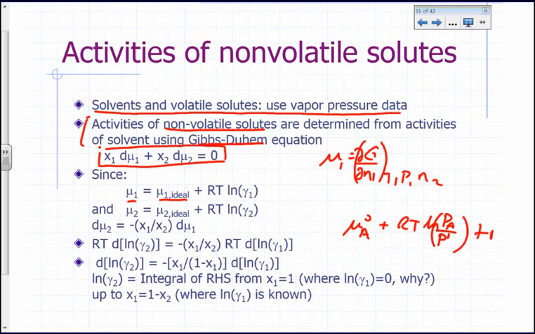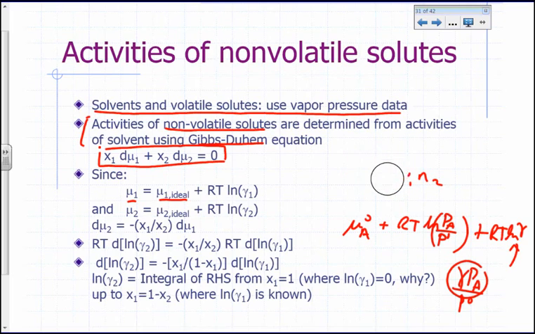And then you add a correction term, RT ln gamma, where gamma is your activity coefficient. So gamma times P_A over P naught would be your activity. Similarly, the chemical potential for component 2 would be its ideal chemical potential plus RT ln gamma 2.